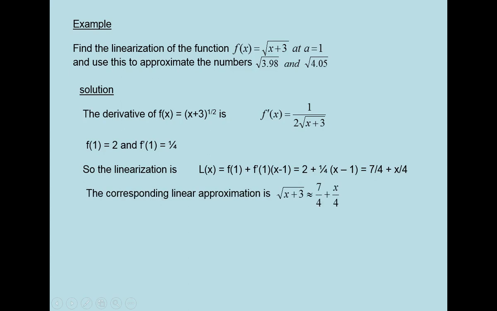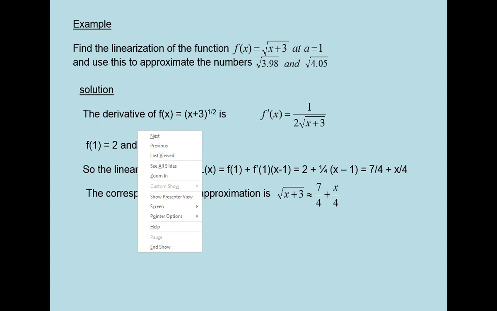So what we're saying here is for values very close to 1, we could approximate the function, the square root of x plus 3, using the line 7/4 plus x over 4. Now this is only going to be for values very close to 1 that we would use this linear approximation. Well, we're trying to approximate the square root of 3.98.